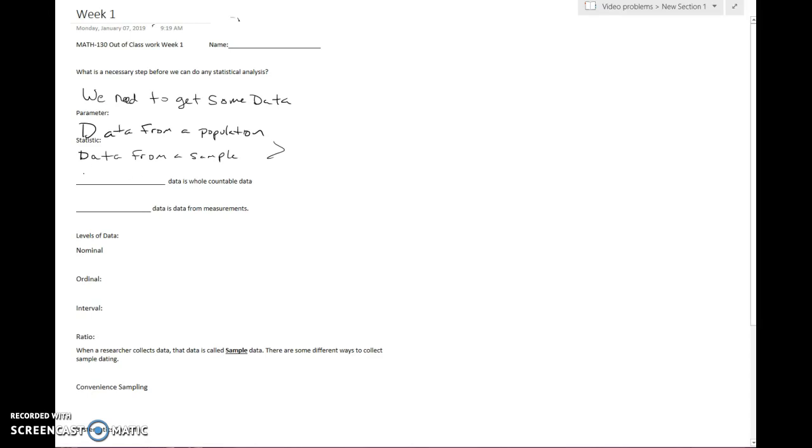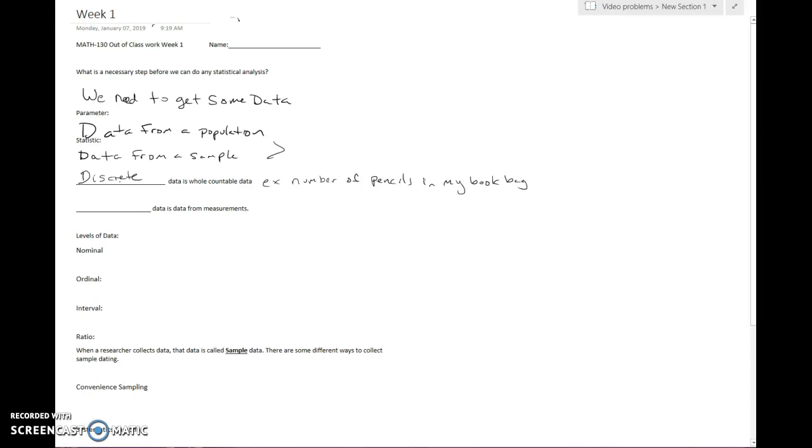Blank data is whole countable data. So when we talk about types of data, discrete data is whole countable data. An example of that would be something like the number of pencils in my book bag.